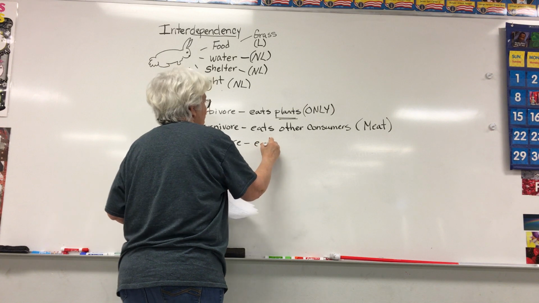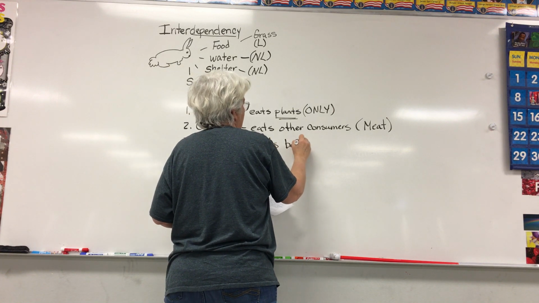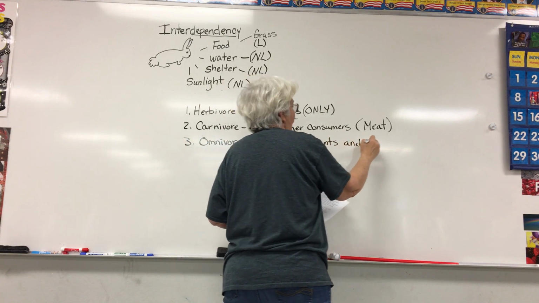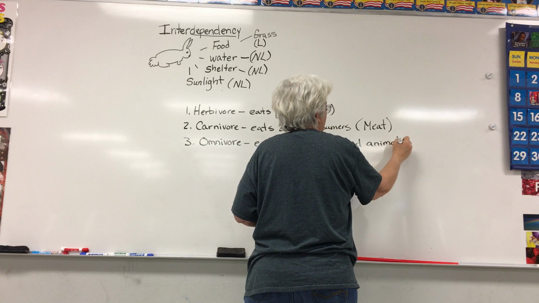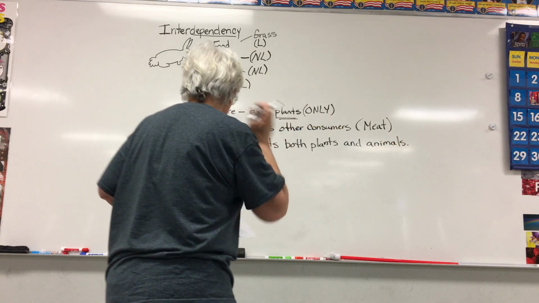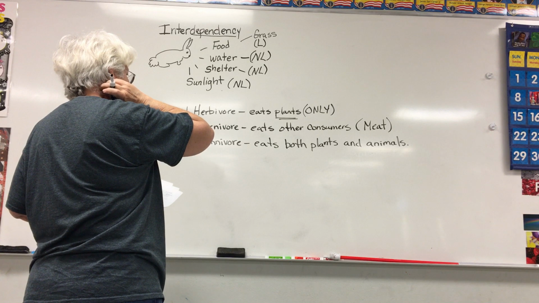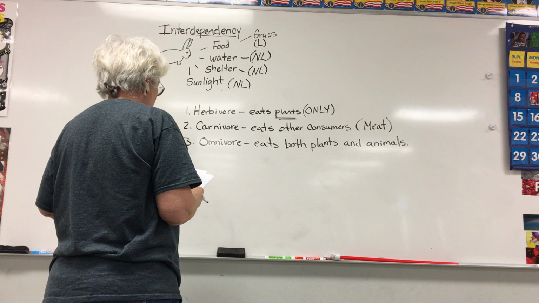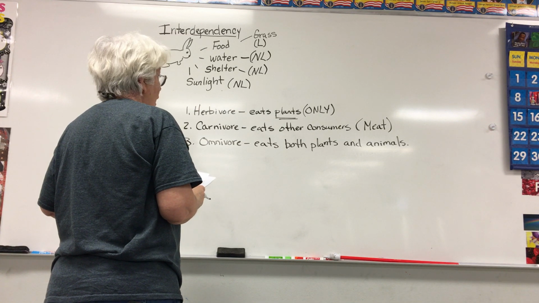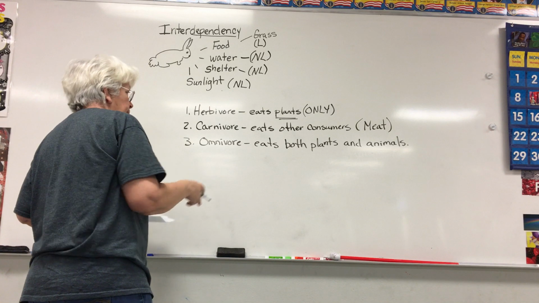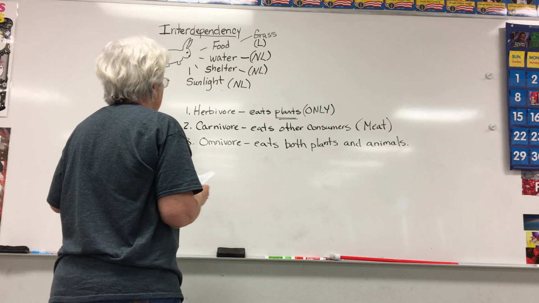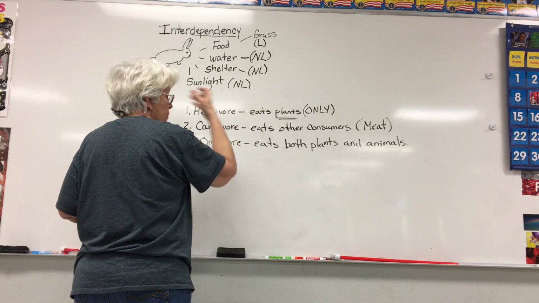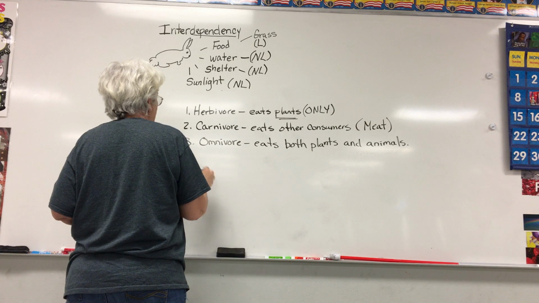And he eats both plants and animals. So guess where humans fall? Humans are omnivores. We eat both plants and animals. Another one is bears. Bears are omnivores. They eat plants and animals. So are pigs. Pigs are omnivores. If given the opportunity, if they can catch an animal, they will eat an animal.